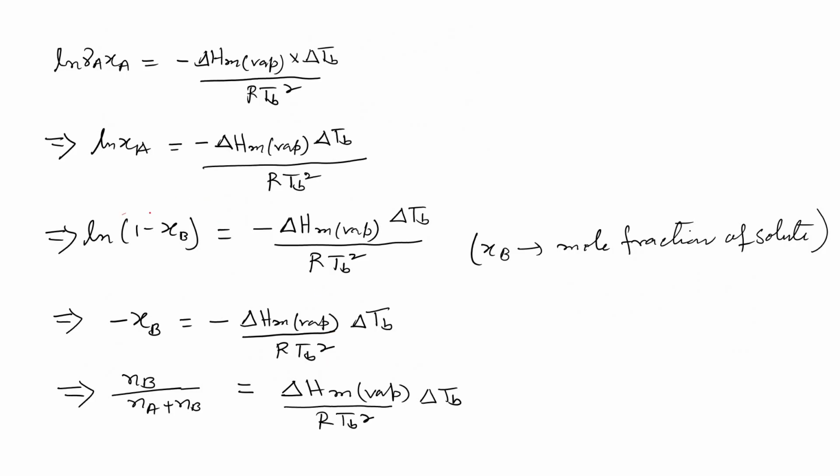Now ln A2 is the activity of the solvent in the solution state. That activity we can write as activity coefficient into mole fraction. Activity coefficient of the solvent into mole fraction of the solvent is equal to minus delta Hm vaporization into delta Tb divided by R Tb square.